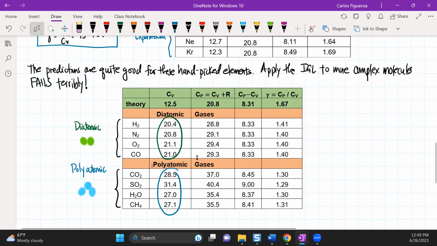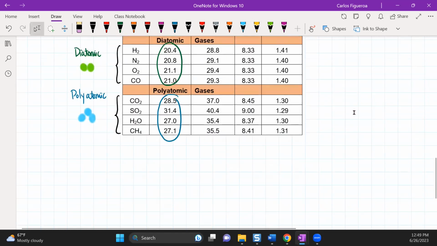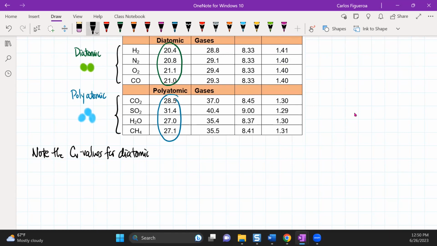But I want you to really make a comparison here. I think that's the important point. Note the CV values for diatomic are really close.